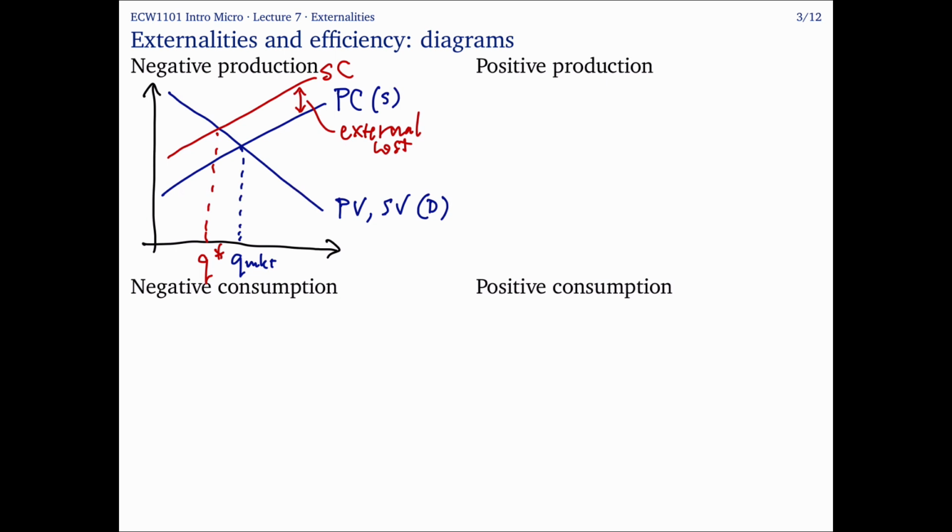Now, the fact that the market quantity is greater than the socially efficient quantity generates this deadweight loss. This little triangle here is the deadweight loss from the negative externality.